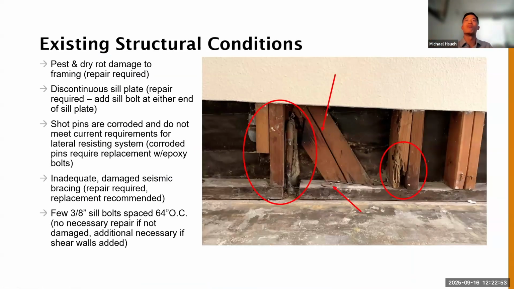We did a pretty extensive survey along the interior where we removed the bottom stretch of the interior drywall and saw things like deteriorated framing, corroded shot pins. There's no sheathing on these buildings, so their lateral load resistance was entirely based on diagonal bracing, which may or may not be effective. You look at this, it isn't doing very much for you.